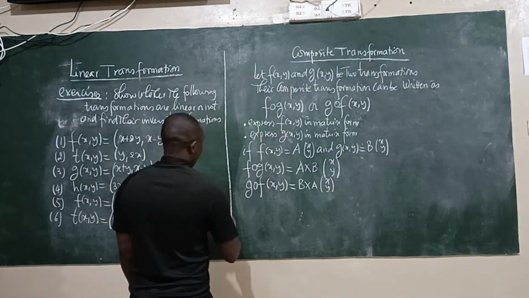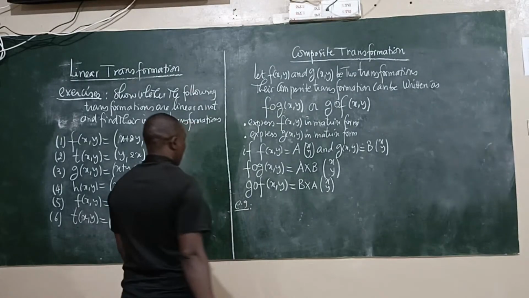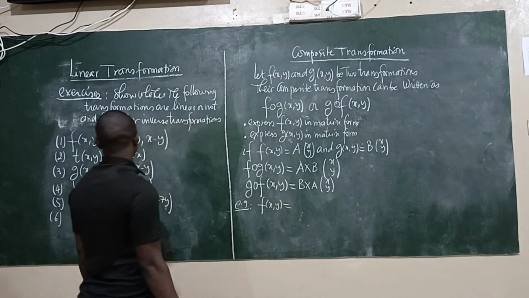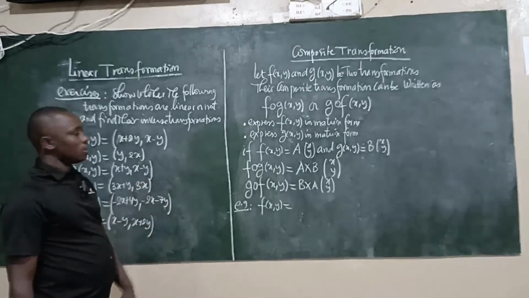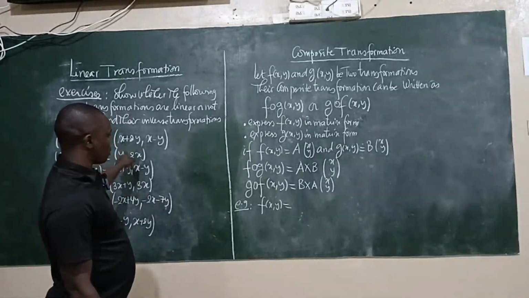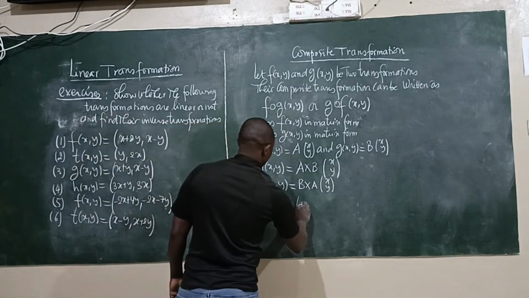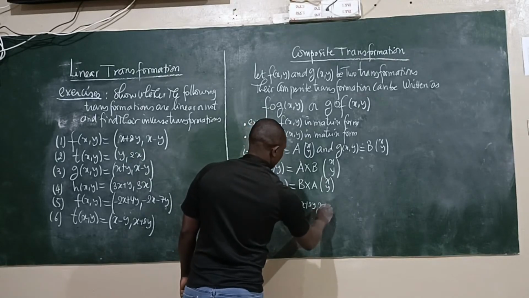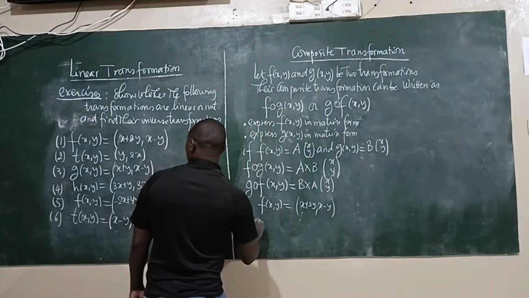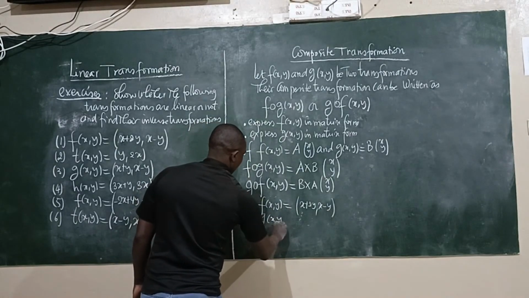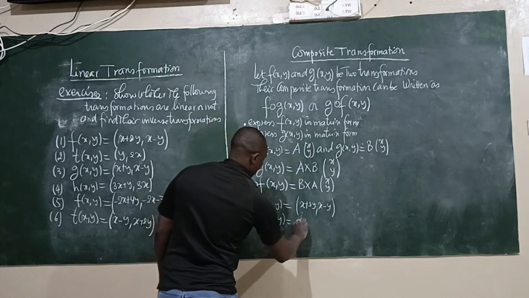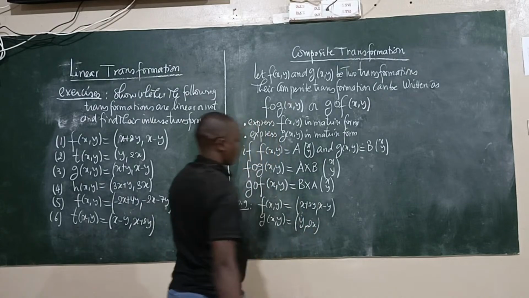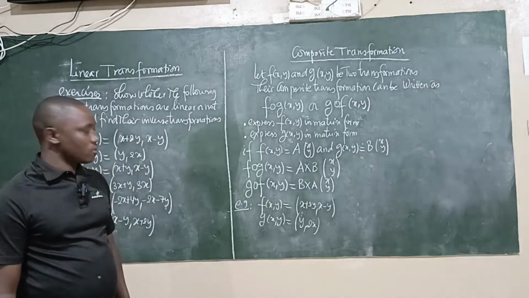Okay, let's have an example. Assume we have these two transformations. Here, f(x, y) is (x + 2y, x - y), and let me call g(x, y) as (y, 2x).